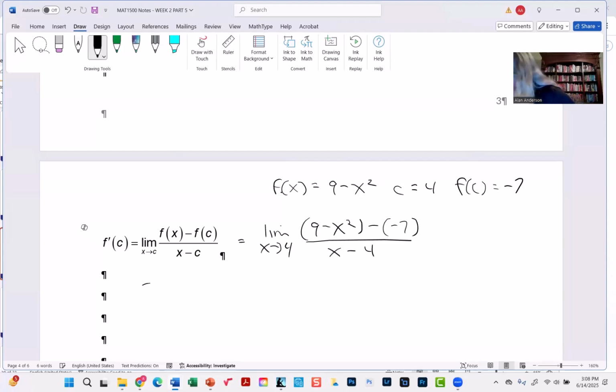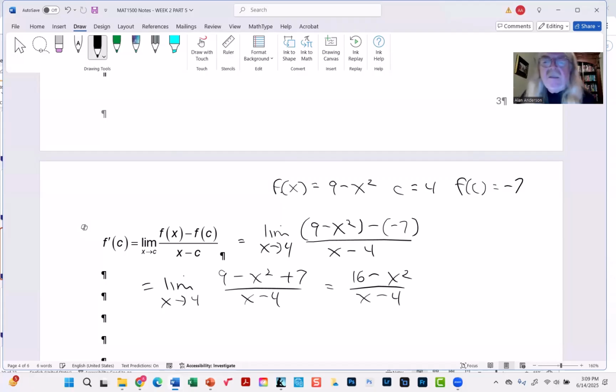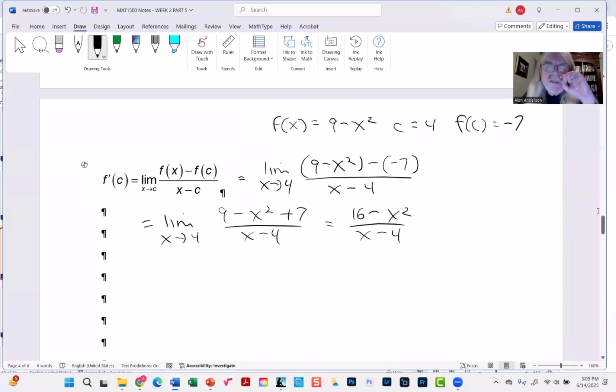All right, so let's simplify it a little. Okay, so now you can see, actually, let me rewrite it like this.